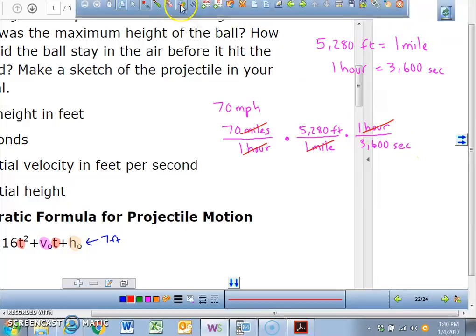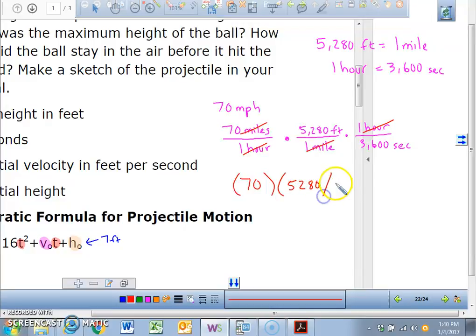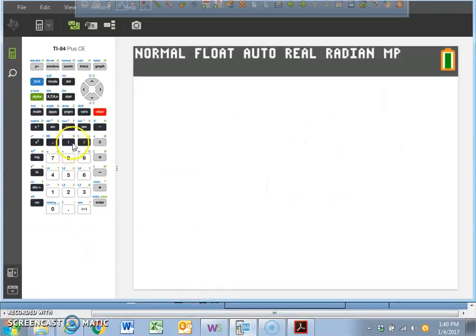All right? So what you guys could do in the graphing calculator is you could take 70, which is 70 over 1. You could multiply it by 5,280 and simply divide it by 3,600. Okay? So if you do that in the graphing calculator, all you have to do is take 70 times 5,280 divided by 3,600.